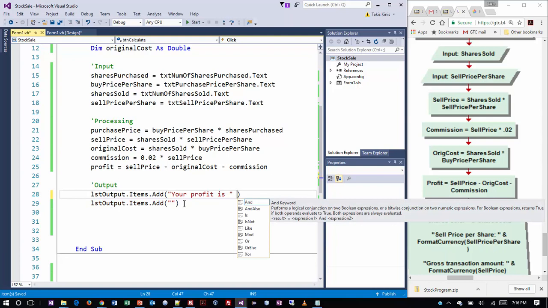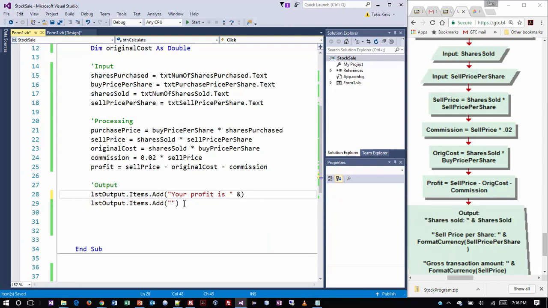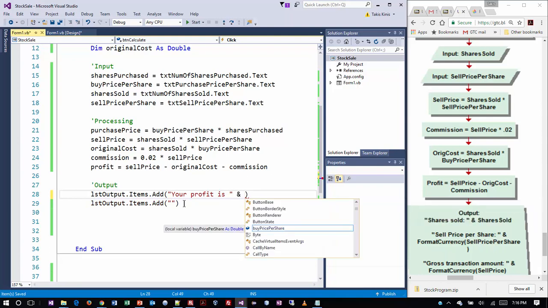And then I'm going to put in an ampersand symbol. Let me tell you what that symbol is. We haven't formally learned about it in lecture yet, but that is what we call a concatenation symbol. That just means it allows me to take text and attach it to a variable to output it. So I'm going to say your profit is profit.